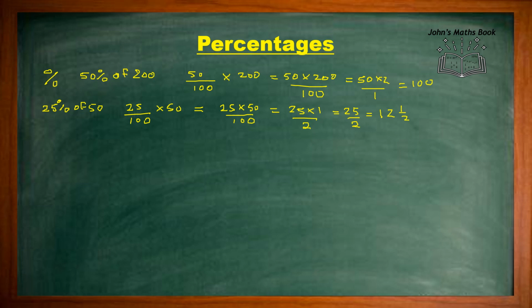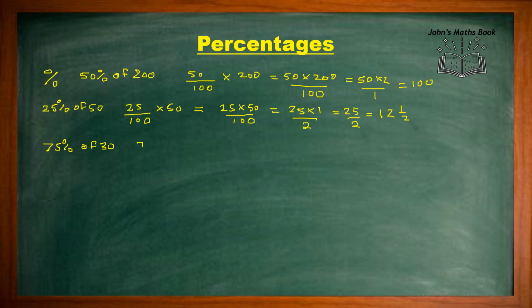So let's look at another example and look at 75% of 30. So we can look at this as 75 out of 100.